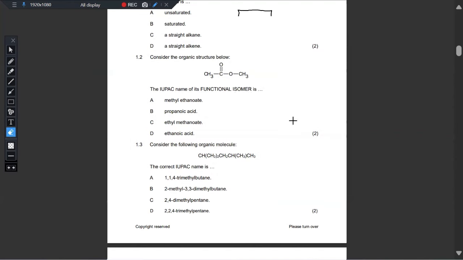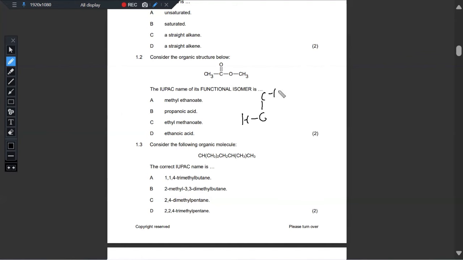Option is B. Then 1.3 says, consider the following organic molecule. The correct IUPAC name is, let's check. So the whole thing here, remember, if we want to reach that, let's try to draw it out using structural formula. So this is a carbon bonded to an H, and then it has two methyl branches.